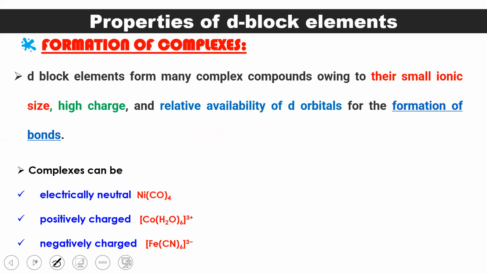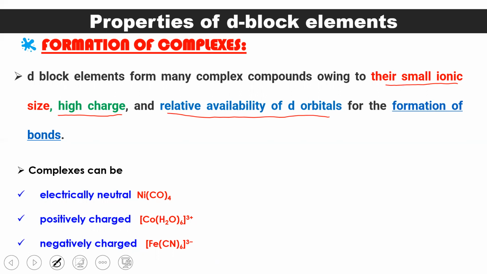Now here, why the D block elements? Most of the D block elements have the ability to form complexes. Then why do they form the complexes? This is a special property of the D block elements. It is due to the presence of small ionic size and high charge, and also one of the most important ones, the relative availability of D orbitals, partially filled D orbitals or empty D orbitals.